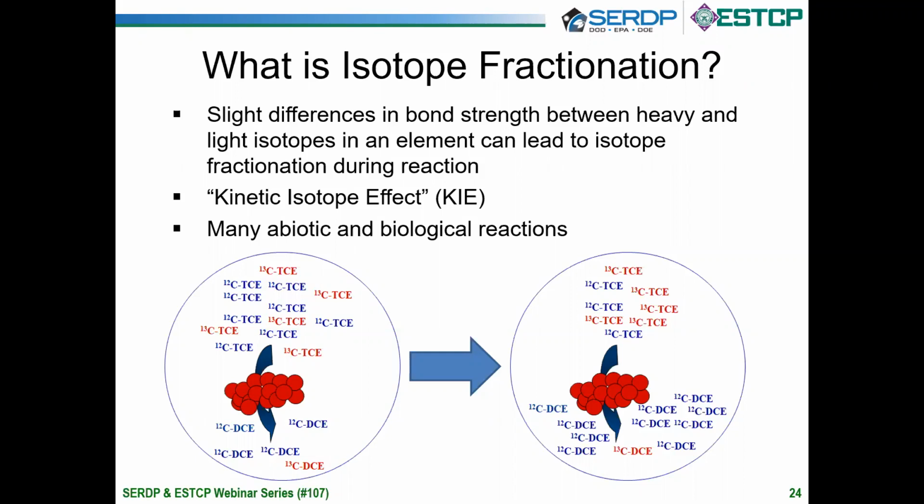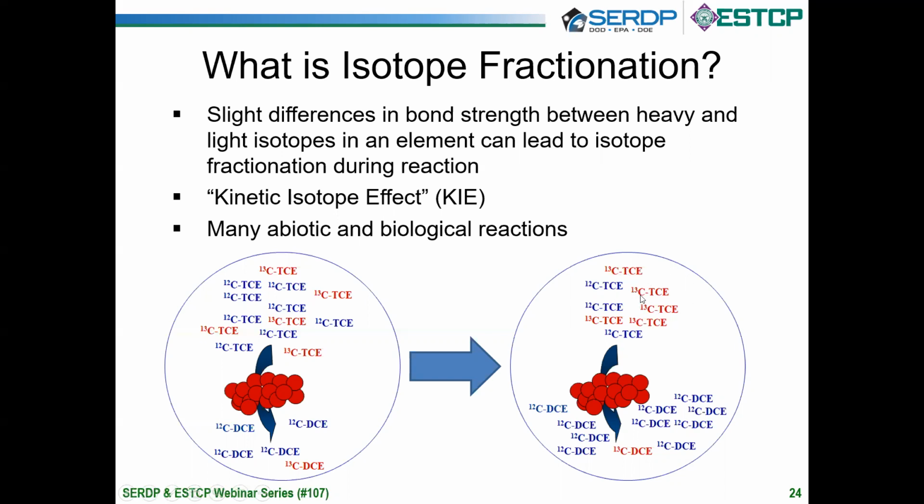So for instance, if we look at this example, we have TCE. In this case, this is a Dehalococcoides, let's say. It's being degraded to cis-DCE. We're all aware of that reaction. But what happens over time is that we see a decline in the concentration of TCE, so we have less of it, but we're also seeing an isotopic enrichment.